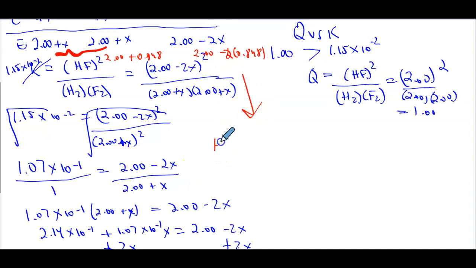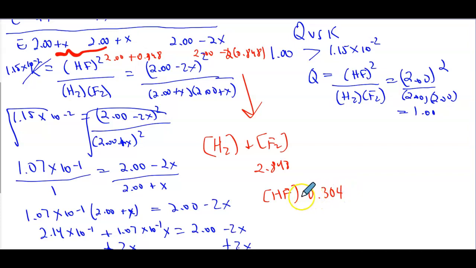So for H2 concentration and F2's concentration, it's going to be 2.848. And for HF's concentration, it's going to be 2 minus 2 times 0.848. And I get a concentration of 0.304, and that ends this problem.